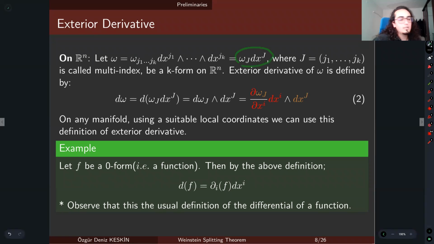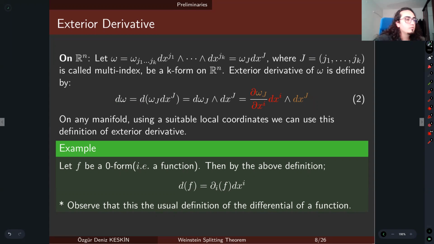For another simplicity, I used multi-index notation, which means simply capital J means all indices j_1 to j_k. And the exterior derivative of omega is defined in that way.